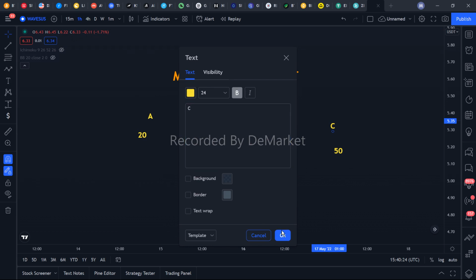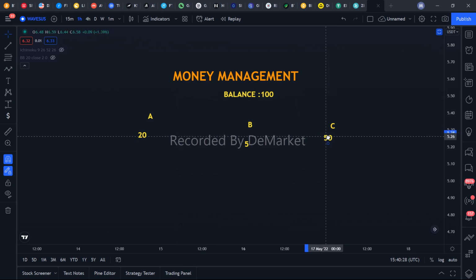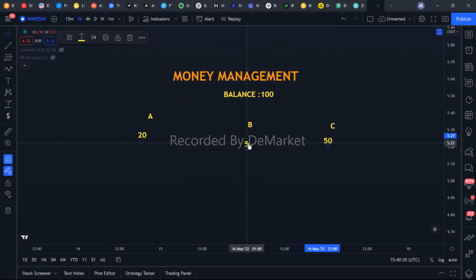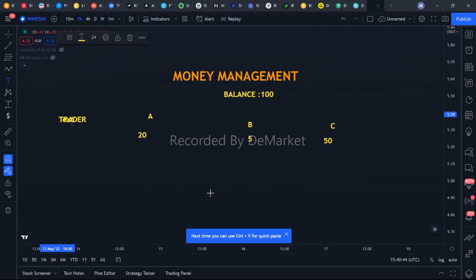So now what happened on the first trade? On their first trade, trader A uses $20 to place its trade. Trader B uses $5 to place a trade, and trader C uses $50 to place a trade.